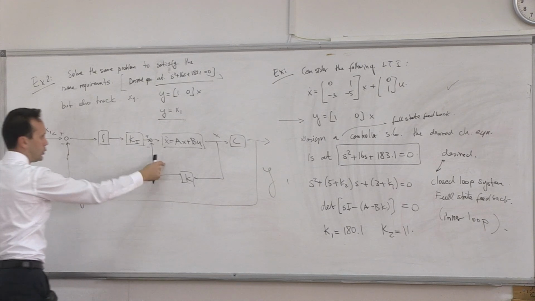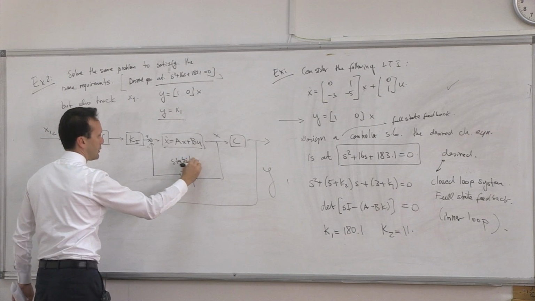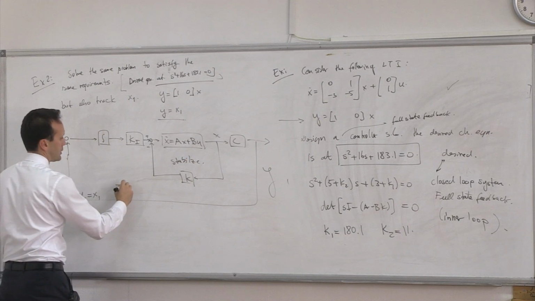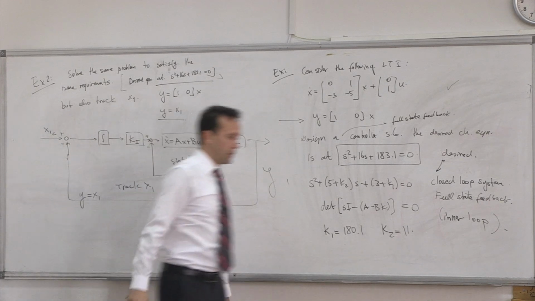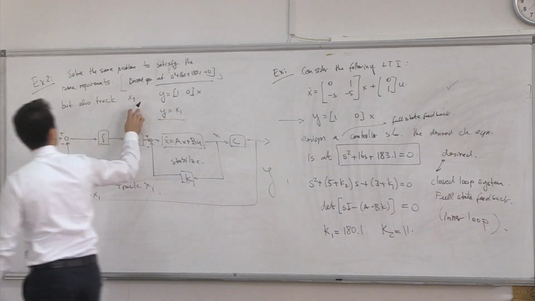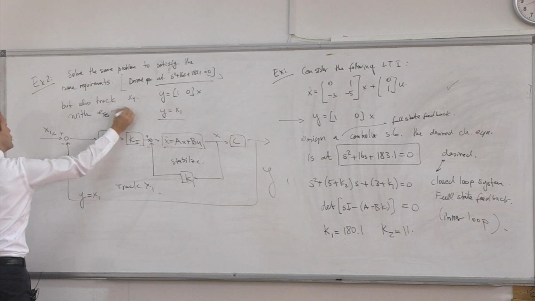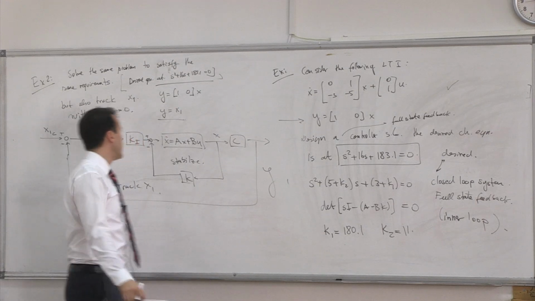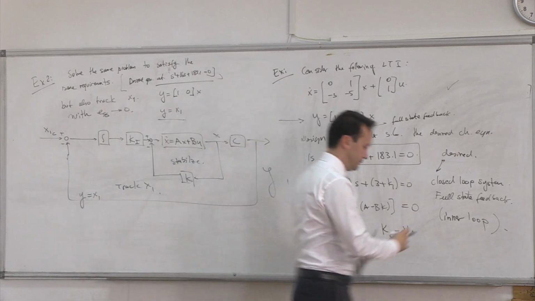That's the outer loop. Inner loop, stabilize. Outer loop, track x1. So that's the problem, with 0 steady state error. So track x1 with the error going to 0. Basically no steady state error, and that's why I have the integral over here.